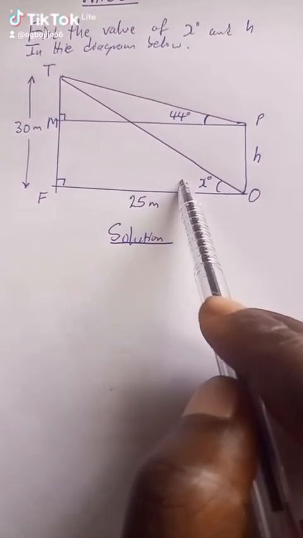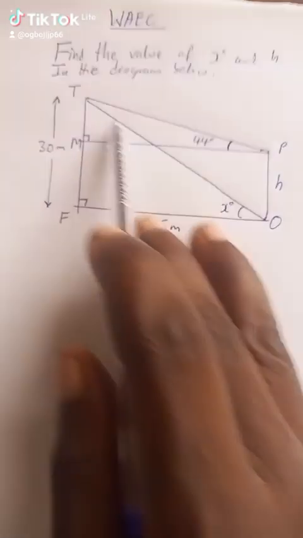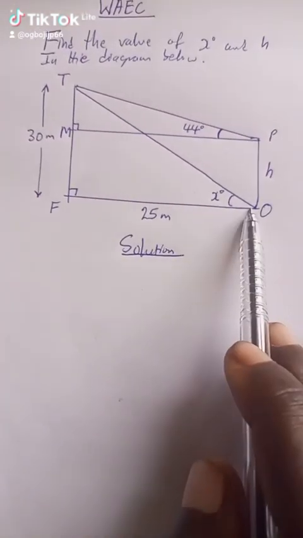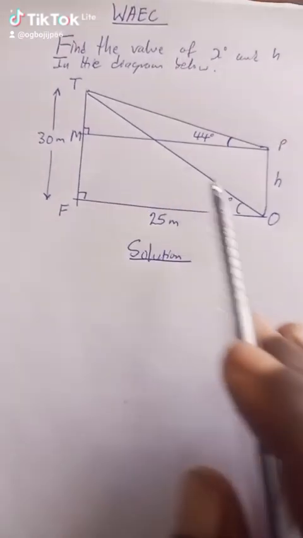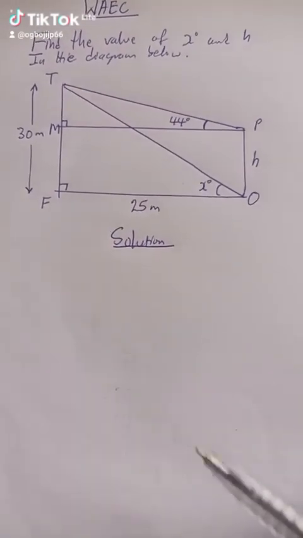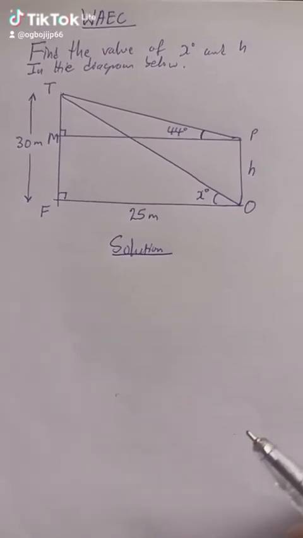The angle of reference here is x, and the opposite side is 30. Hypotenuse is always the longest side, and we are not in need of it, but we are given the adjacent, which is the other side. So we have opposite and adjacent, and the trigonometric ratio that relates opposite and adjacent is the tangent. So we are using tan here.